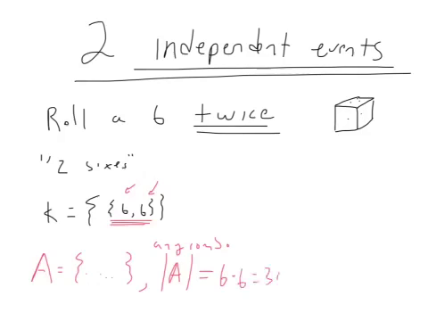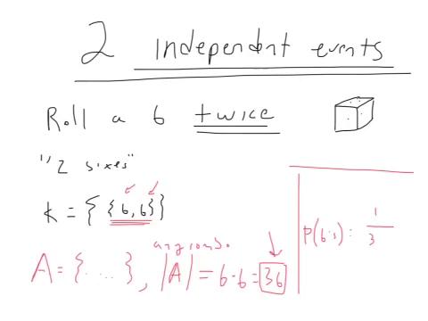So 36 things could happen. Therefore, the probability of getting two 6s is just the number of ways that I can get two 6s, which is just 1, over the total number, which is 36.